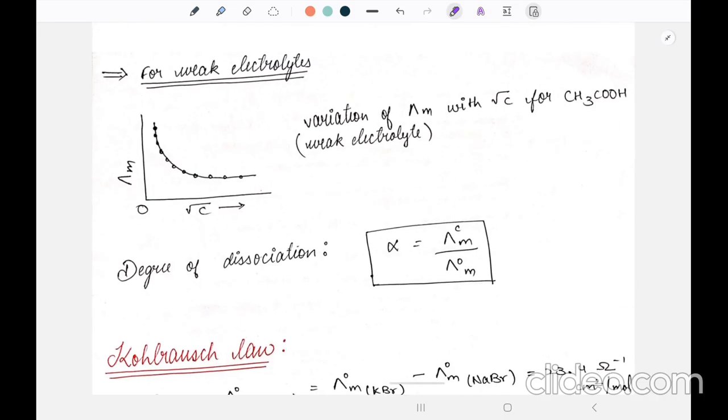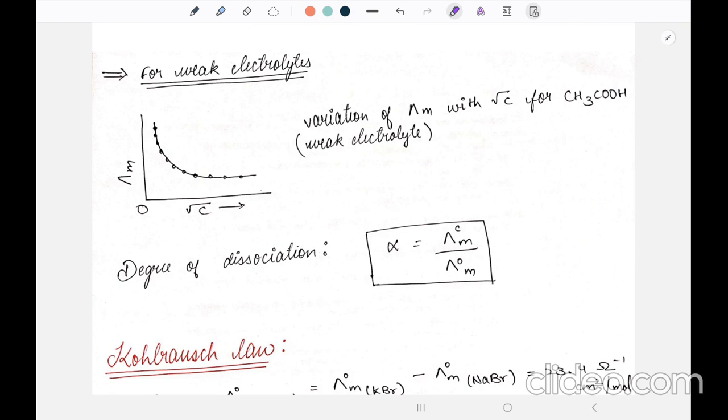Now we'll study weak electrolytes. The electrolytes which do not completely ionize in aqueous as well as molten state are called weak electrolytes. A weak electrolyte does not get ionized completely at all concentrations. On dilution, its alpha will increase, resulting in an increase in the number of ions.